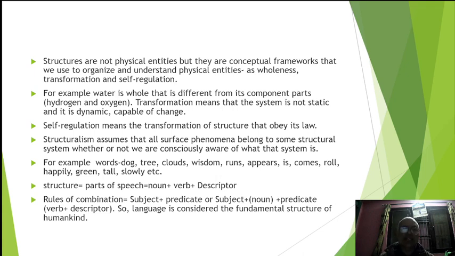Structuralism assumes that all surface phenomena belong to some structural system, whether or not we are consciously aware of what that system is. So language as a system functions because of these key structures going on and on in the language, right?